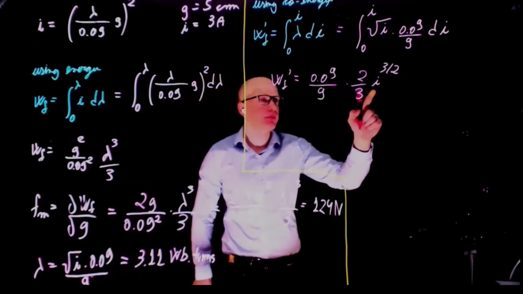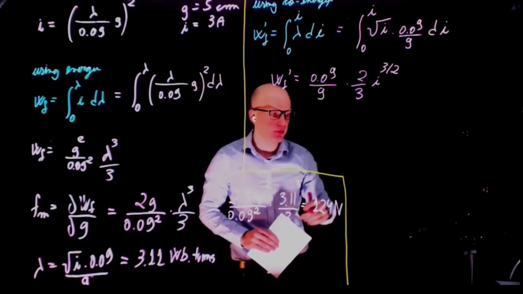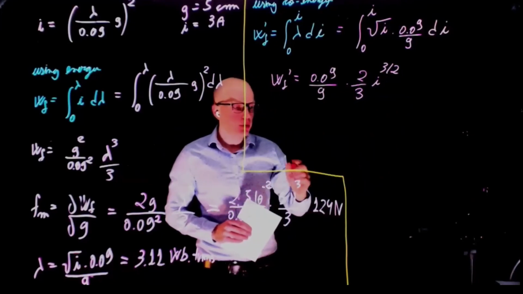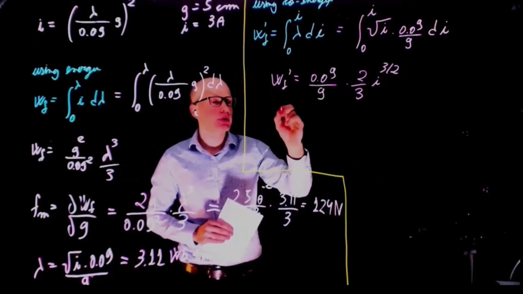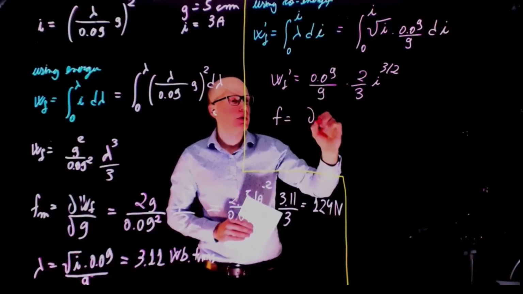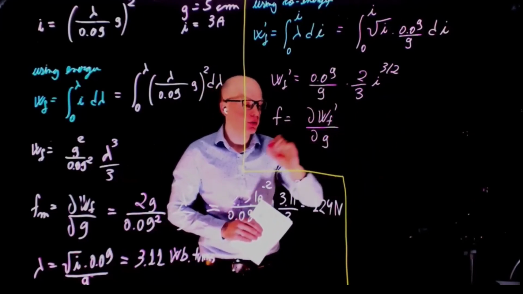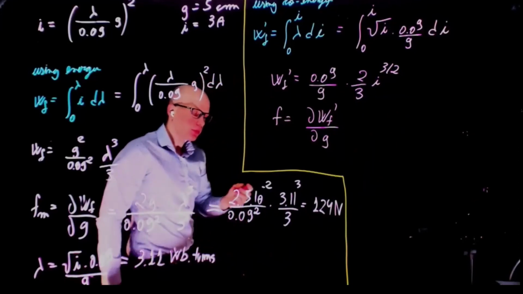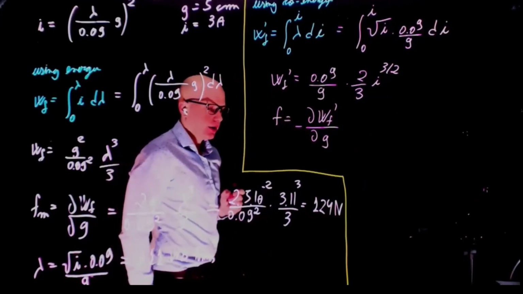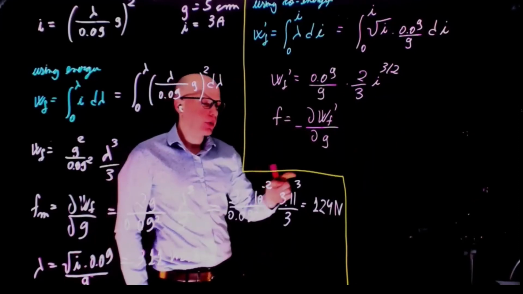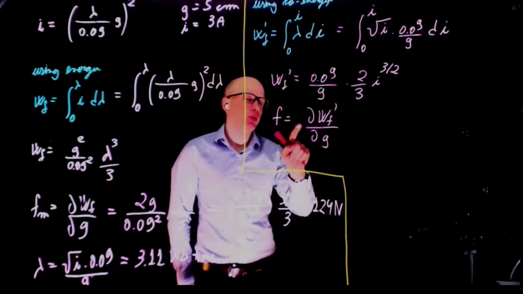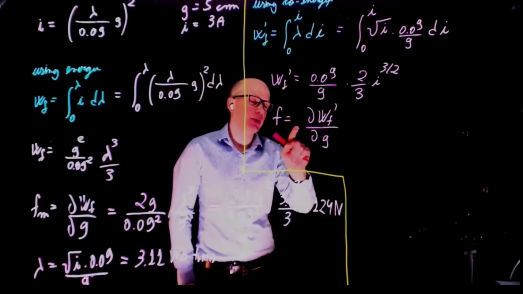We have I. Right? We have pretty much everything. Now let's calculate the mechanical force. The mechanical force is the derivative of the co-energy with respect to G. We can put a negative sign here to avoid confusion. We're going to get a negative sign otherwise, or just leave it and neglect the negative sign later.